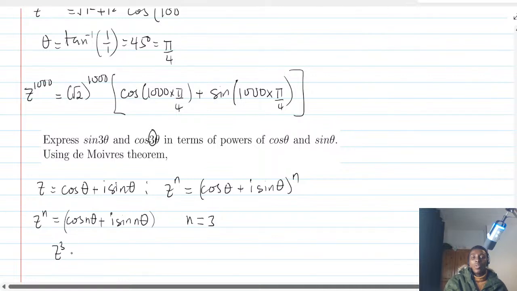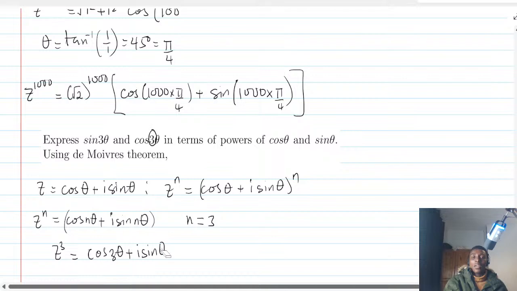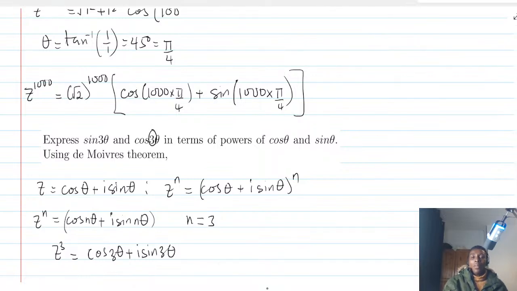So z cube will be cos 3 theta plus I sine 3 theta. Is that right? But before we can continue, we need to look at it this way. How can we open it up?